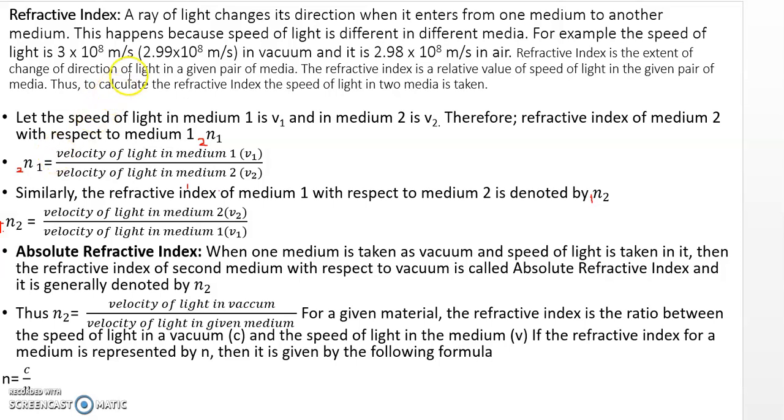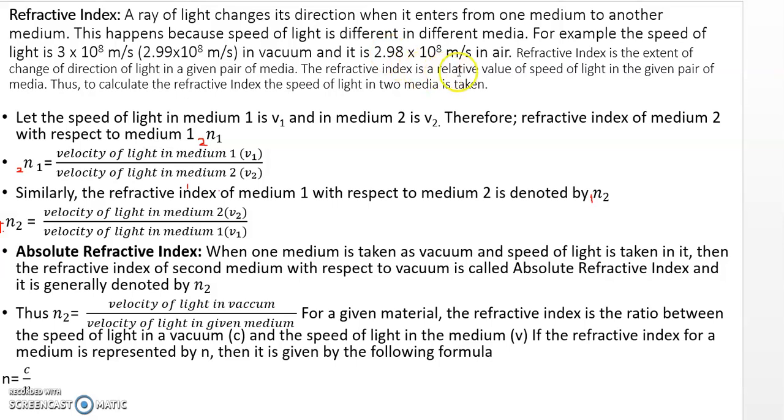Now the refractive index depends on the speed of light. It is said that a ray of light changes its direction when it enters from one medium to another. Why? Because the speed of light is different. For example, the speed of light is 3 into 10 raised to 8 meters per second in vacuum, and it is 2.98 into 10 raised to 8 meters per second in air.